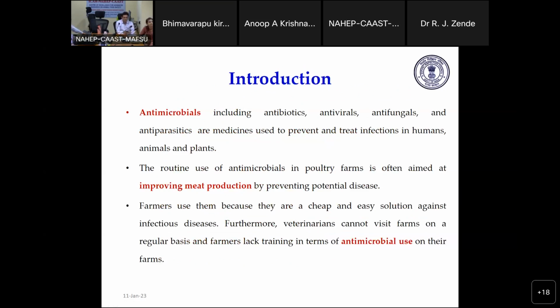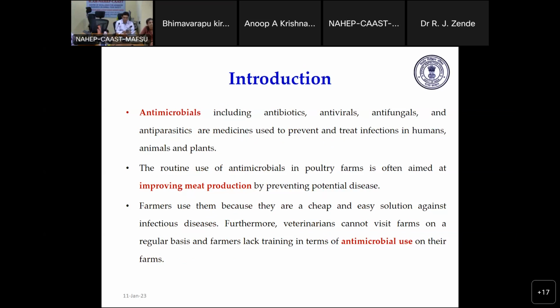So these antimicrobials, including antibiotics, antivirals and antifungals, are mainly used to prevent and treat infections in humans, animals, and plants. They are also used in poultry farms, mainly to improve meat production. Farmers also use them.